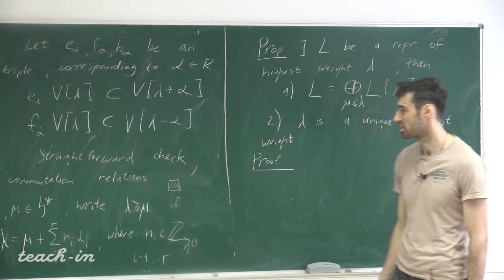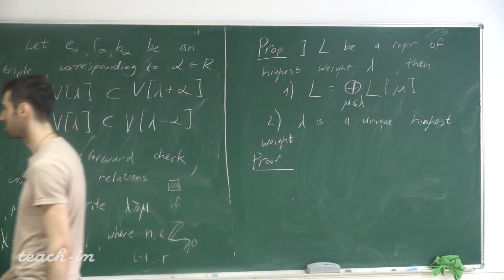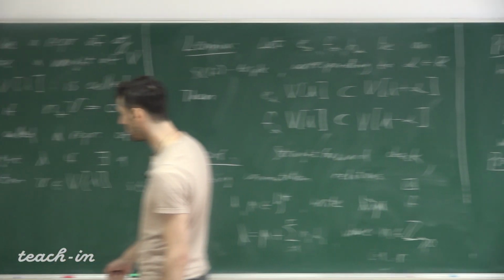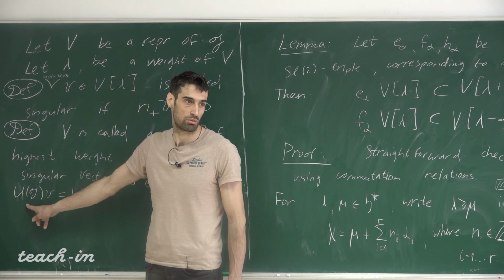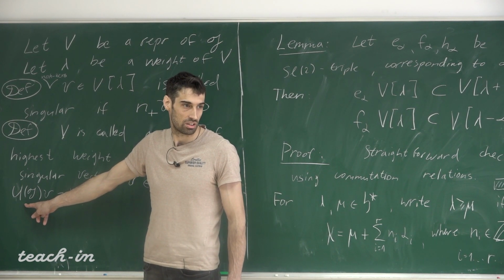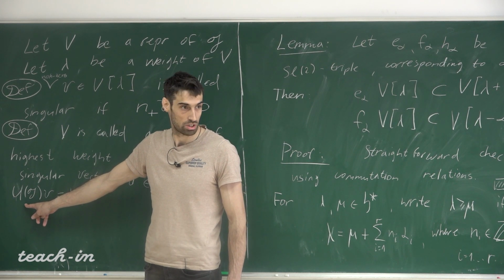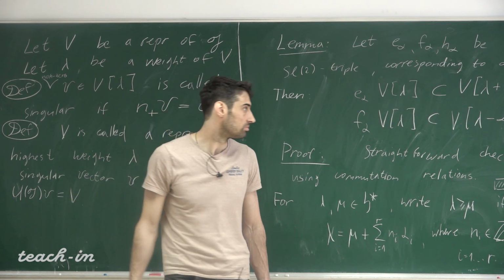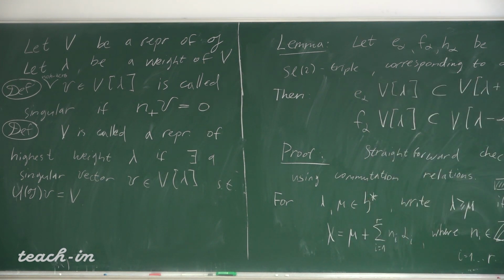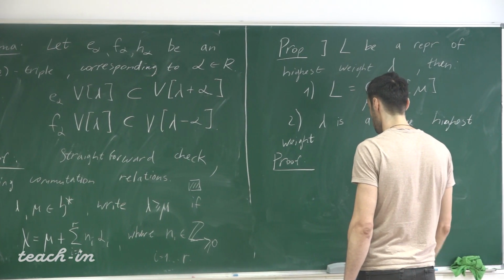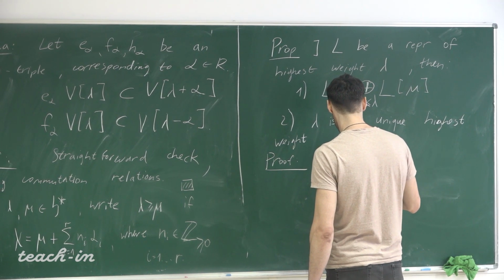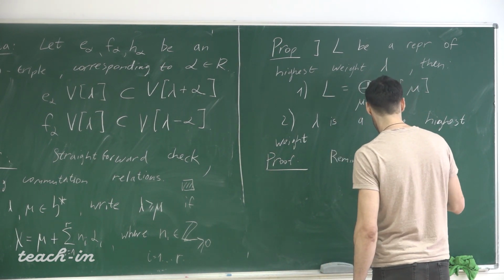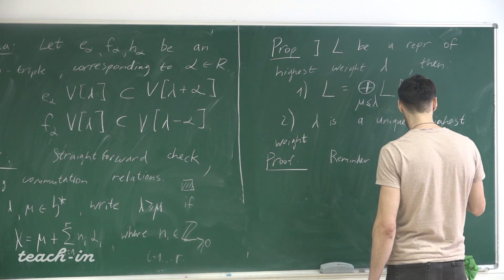So it said something about constructing a basis of the universal enveloping algebra of G, and actually we proved it for any finite dimensional Lie algebra G. Okay, well, so a reminder on the Poincaré-Birkhoff-Witt theorem.